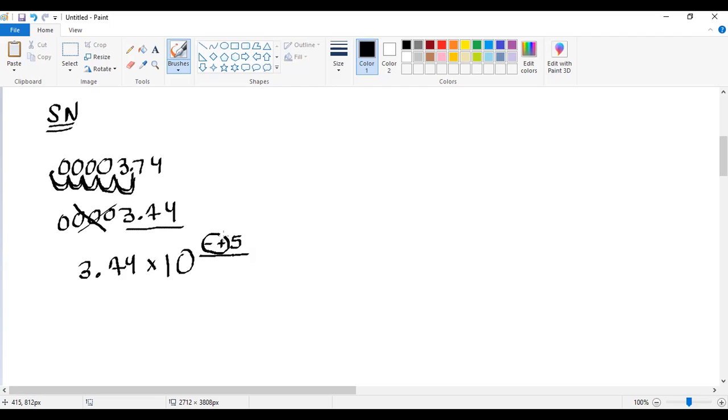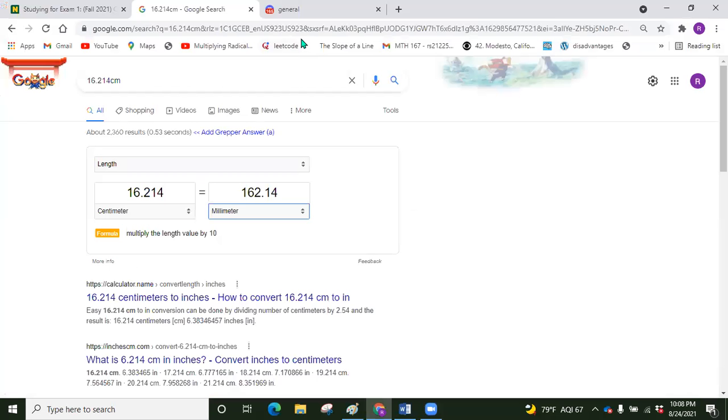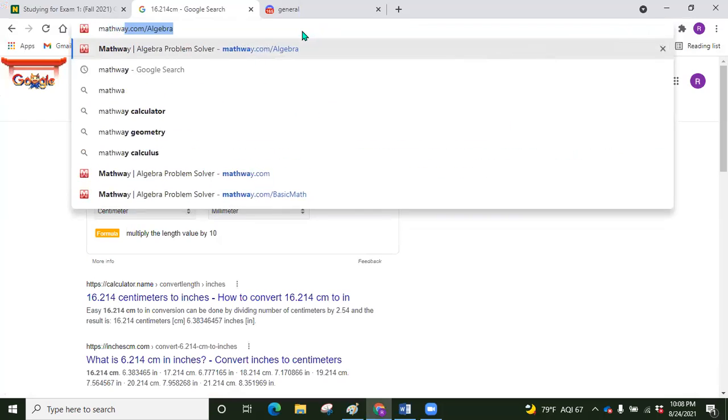Now, what do we choose? Do we choose negative or positive? Well, we choose negative because we want our scientific notation to represent a very small number, because this is a very small number. So we choose -5. So it's 3.74 times 10 raised to -5. And we can actually check this in a site called Mathway.